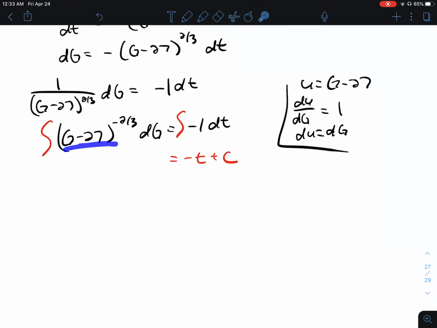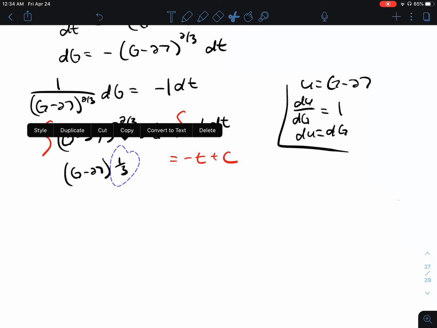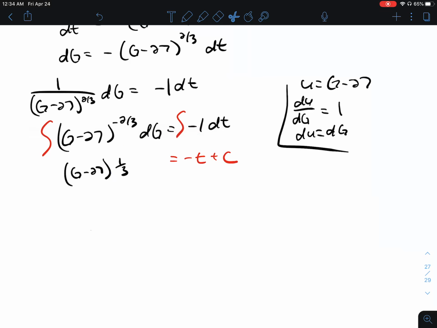So if we just treat this like the power rule, if we add 1 to the exponent, we're going to get a third. Sorry, that's an exponent. And then if we multiply by the reciprocal of that to the front, we can always just check to make sure we did that right. 1/3 times 3 is 1.